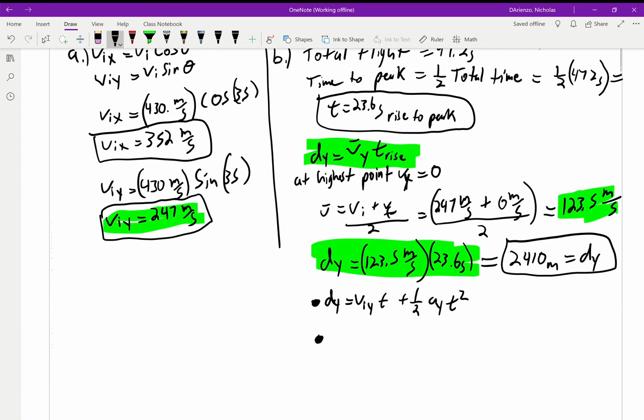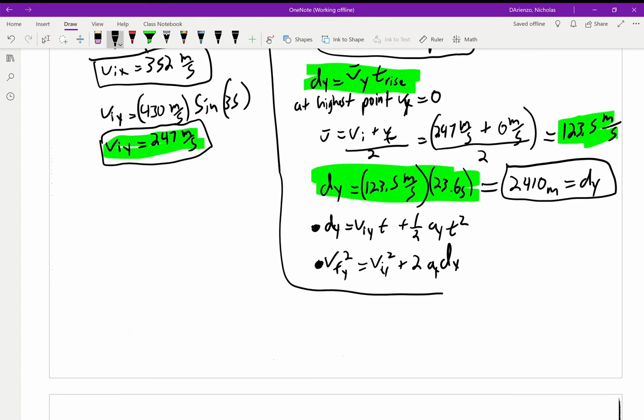The other one we could use, since we know each of these, vf squared equals vi squared plus 2ad. And again, this would be in the y, in the y, and in the y. Either of those three will work, depending which one tickles your fancy.